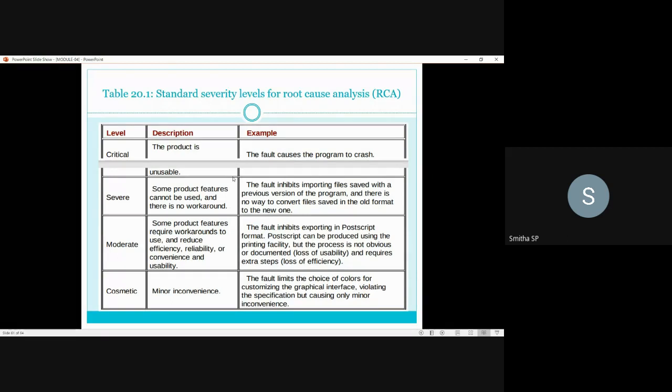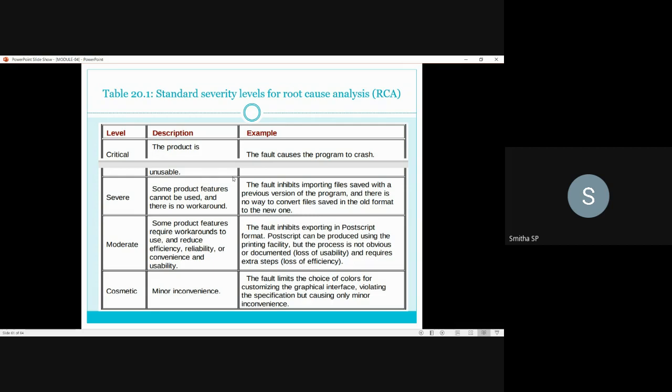Here you are able to use the features of the product, but it requires some workarounds, and it also reduces the efficiency, reliability, convenience and usability of the product. The dynamic quality attributes may not work up to the mark.